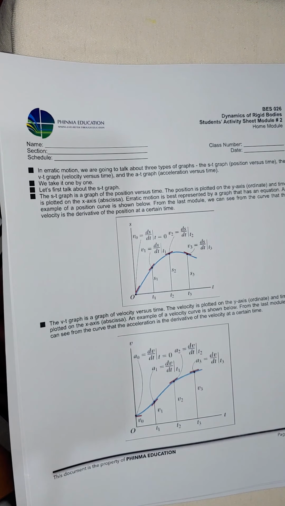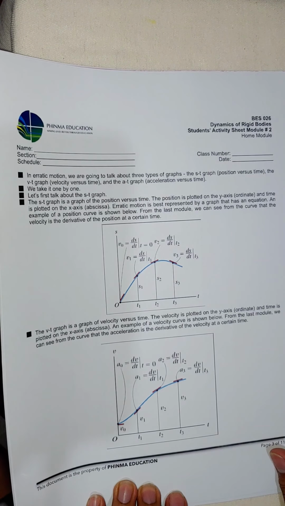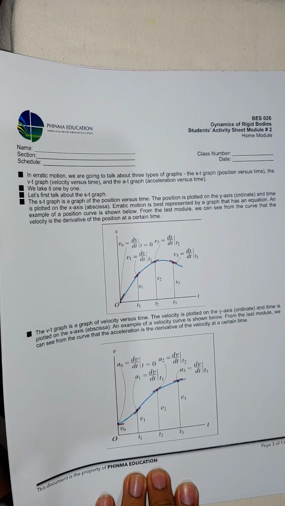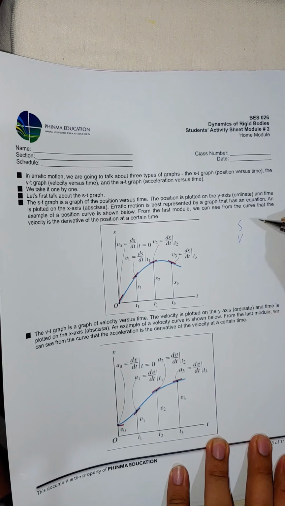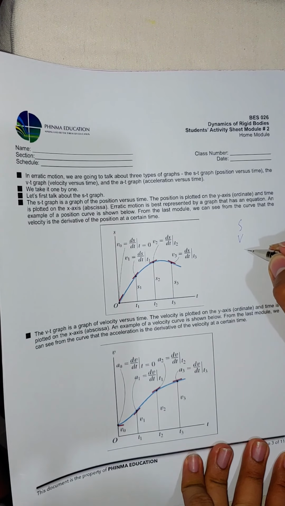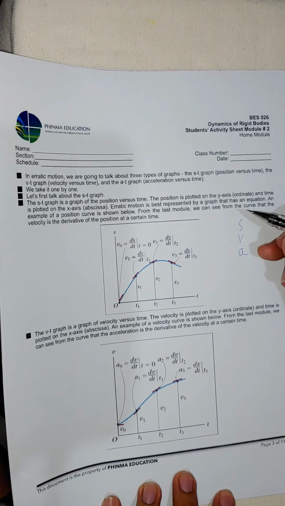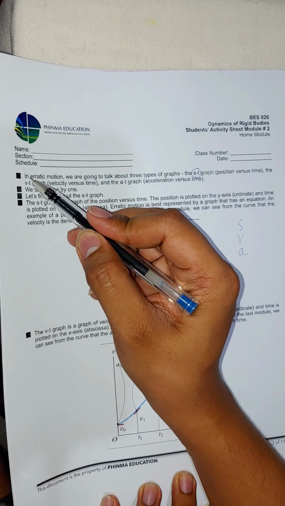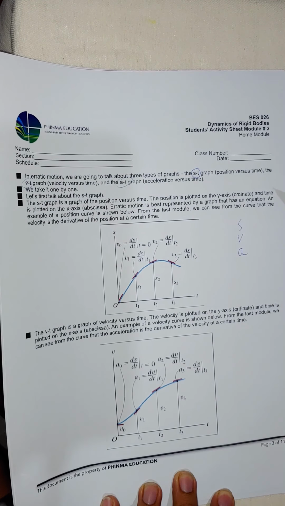So, in erratic motion, we're going to talk about three types of graph. In previous discussions, position is denoted by S, velocity denoted by V, and acceleration denoted by A. So here also we're going to talk about three types of graphs: the position versus time, the velocity versus time graph, and then the acceleration versus time graph.